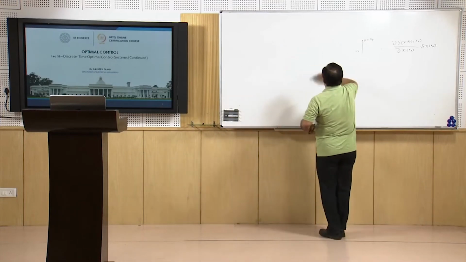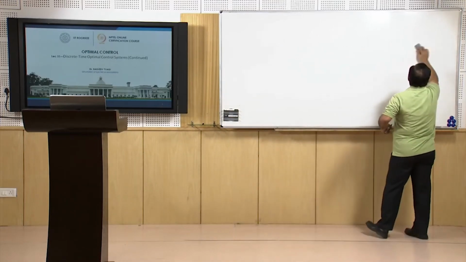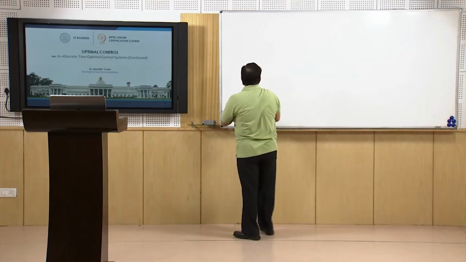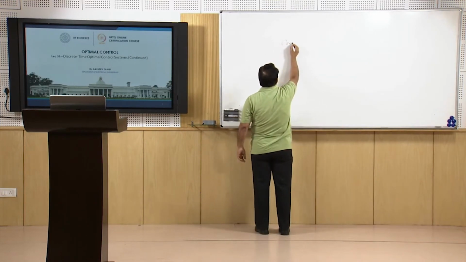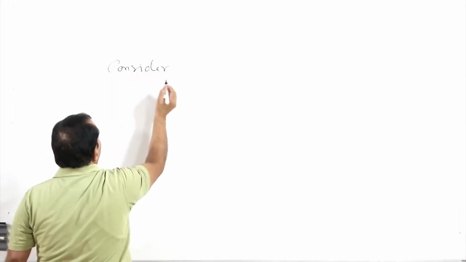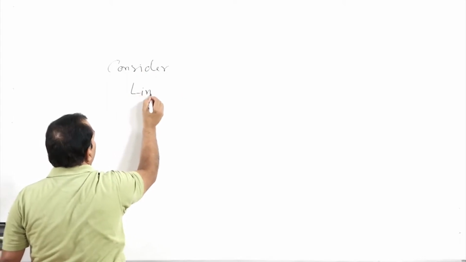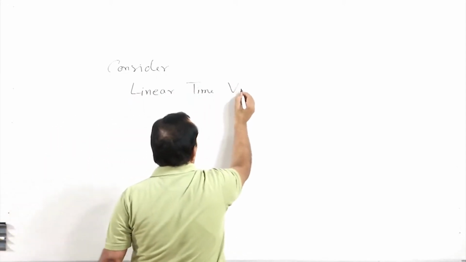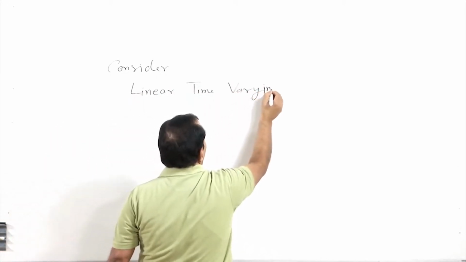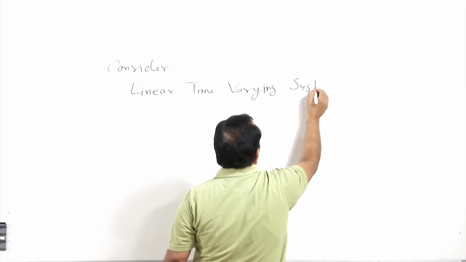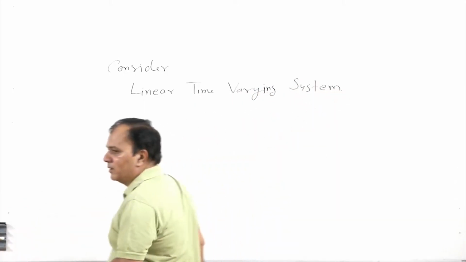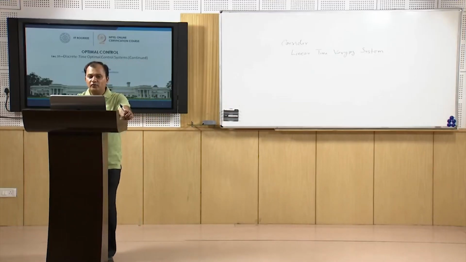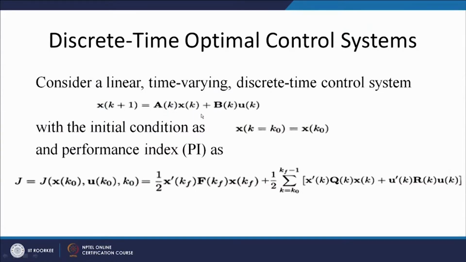Now, this concept with the terminal cost we can apply to our optimal control problem. So, we take its application to a linear time varying system. This linear time varying system we can consider as x of k plus 1 equal to a k x k plus b k u k.